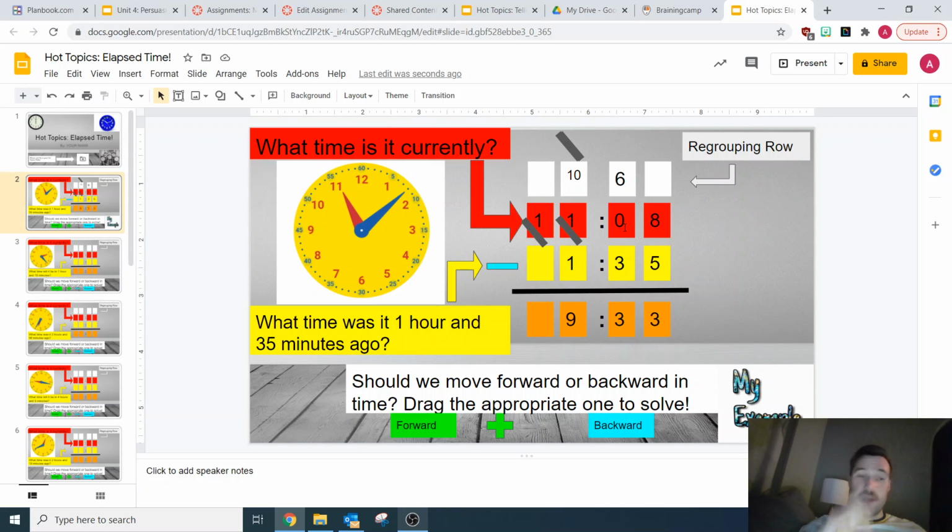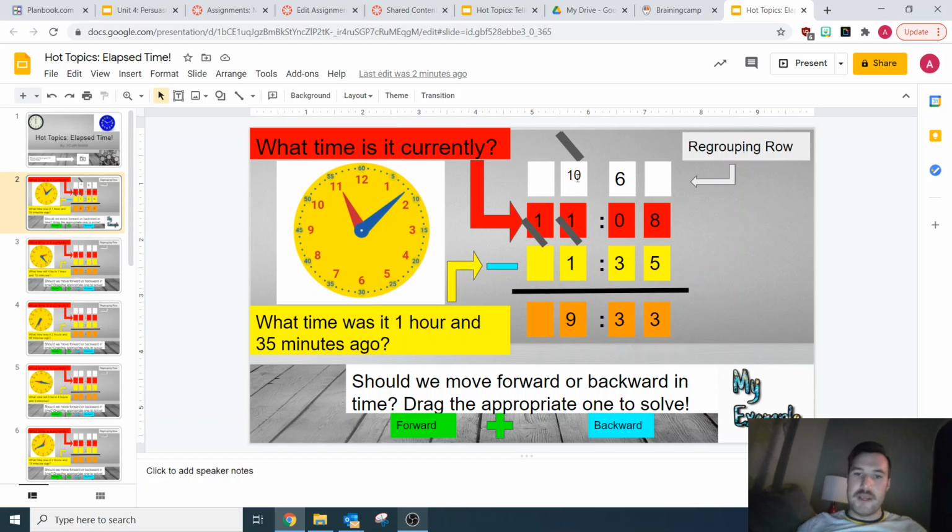Okay, so this question says it's 11:08 and we need to subtract 1 hour and 35 minutes. So 8 minutes minus 5 minutes is 3 minutes. And then this next column, 0 minutes minus 30 minutes. Well, now we're going to regroup.